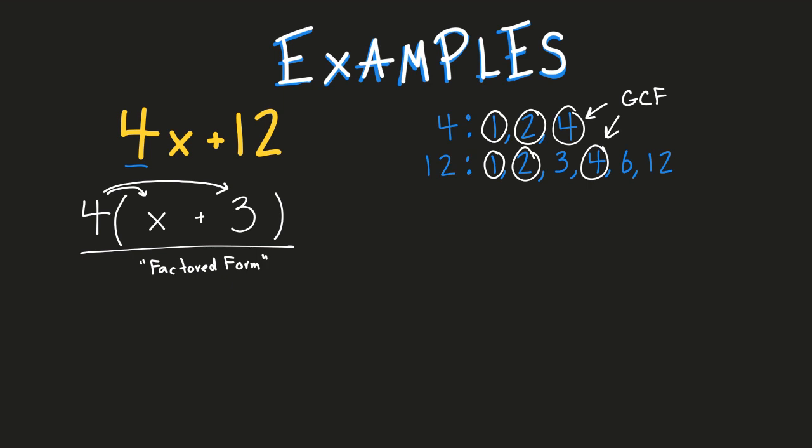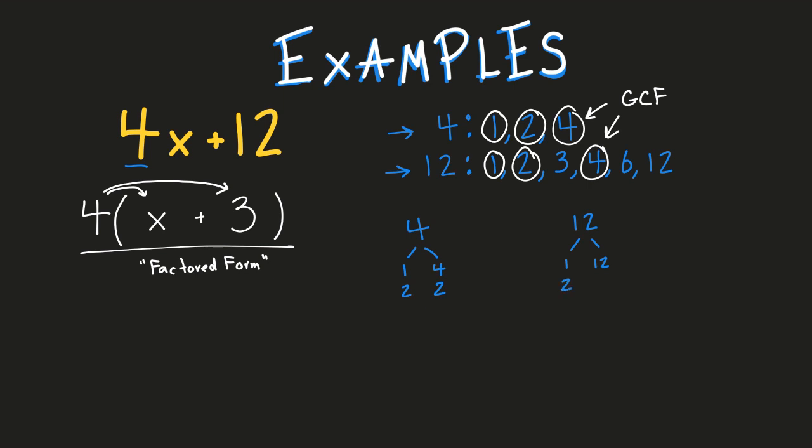There are some other ways to look at these numbers. Some people like to do these lists out like this. Others like to think about what's called a factor tree. So we can think about the pairs of numbers that multiply to get to 4. Let's see, I can do 1 times 4, and I can do 2 times 2. For 12, I can do 1 times 12.